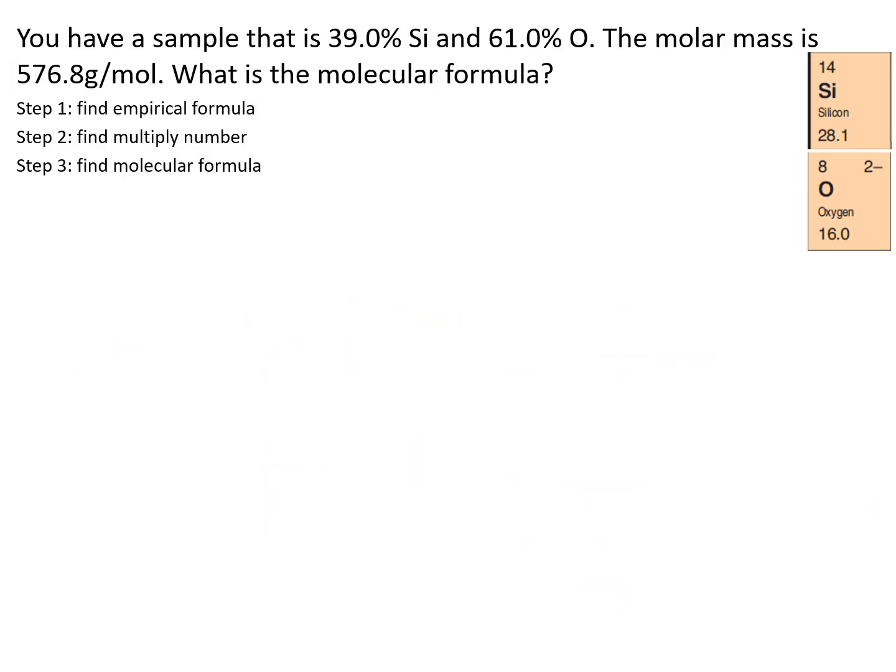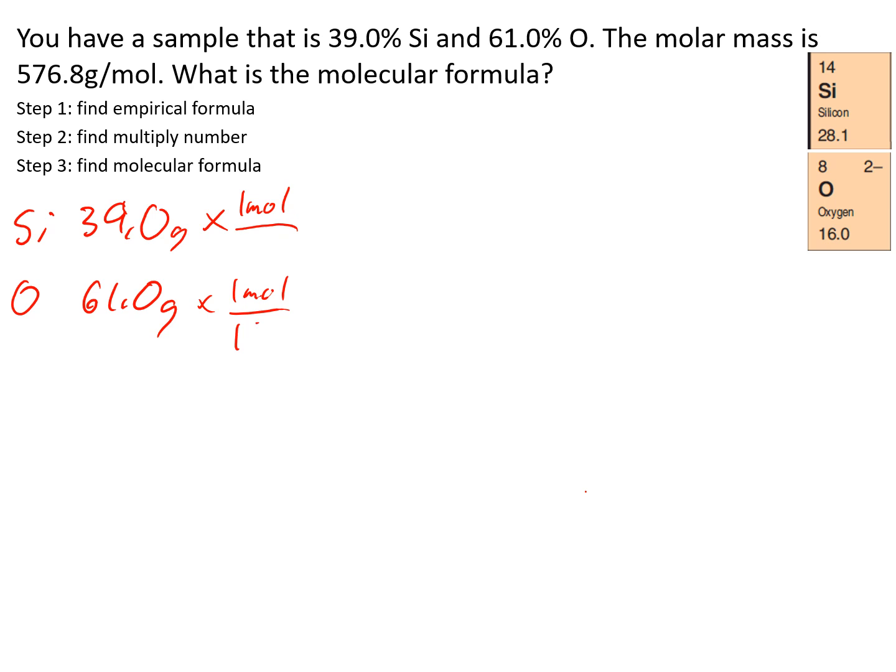Okay, let's take a look at one that's a little bit harder, where we actually have to find the empirical formula first. So if you remember from empirical formula, we just take our elements, take the percentages, 39.0 and 61.0, turn it into grams, and then turn that into moles. And silicon is 28.1.